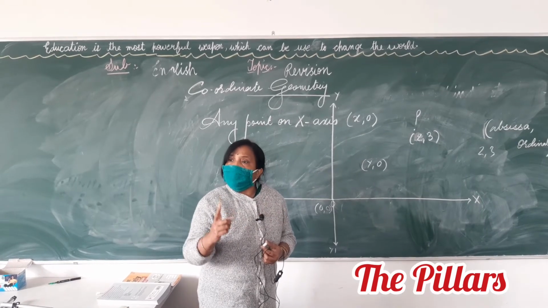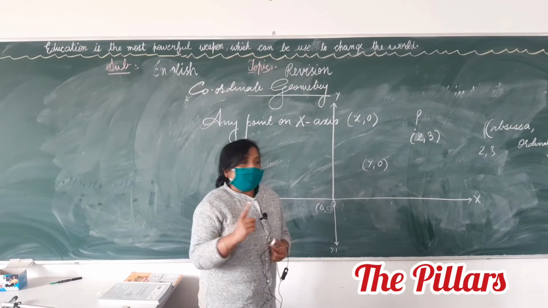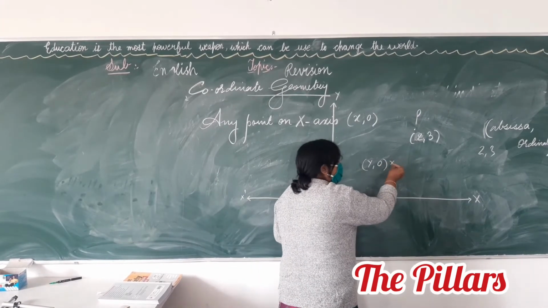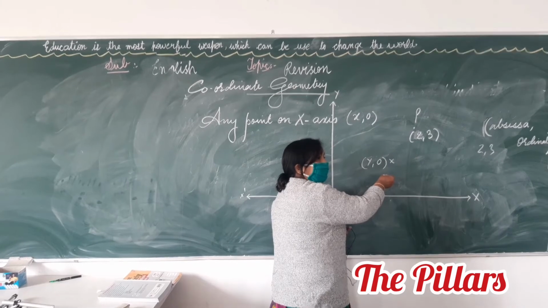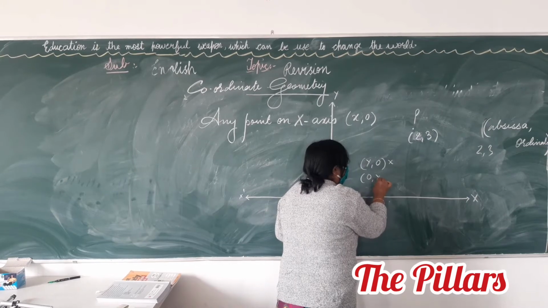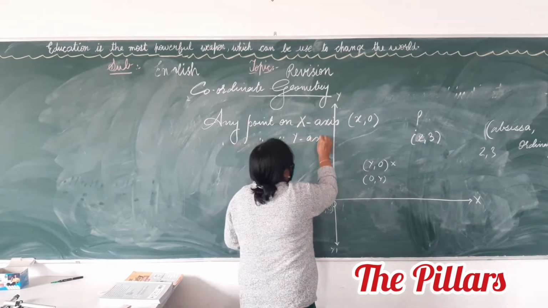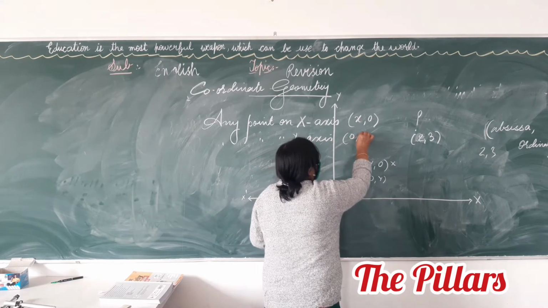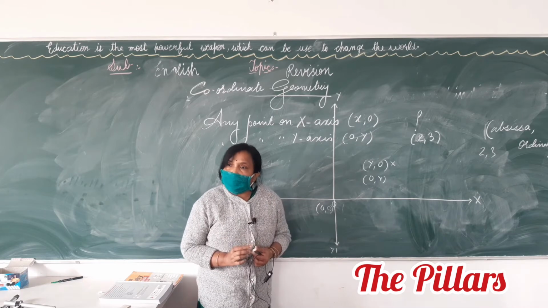First distance along x-axis followed by distance along y-axis. That means it is wrong. Whatever you are saying, you implement, because you are in a hurry. So what should be the point? 0 comma y. So any point on y-axis will be 0 comma y. Clear to all of you?